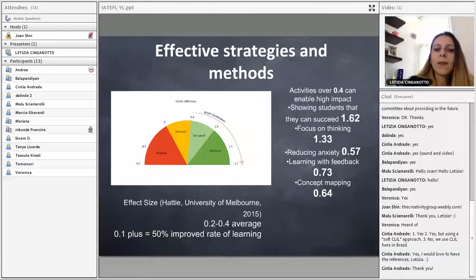So starting from a very passive involvement to a very active and interactive one.